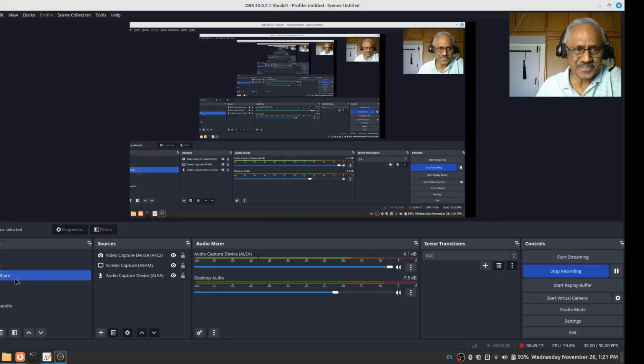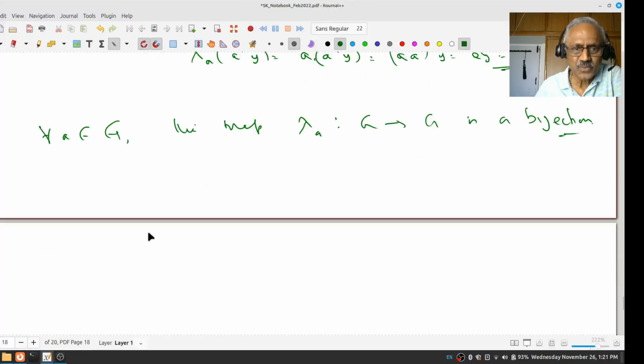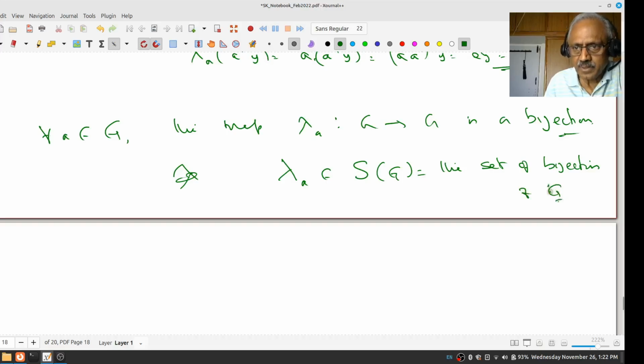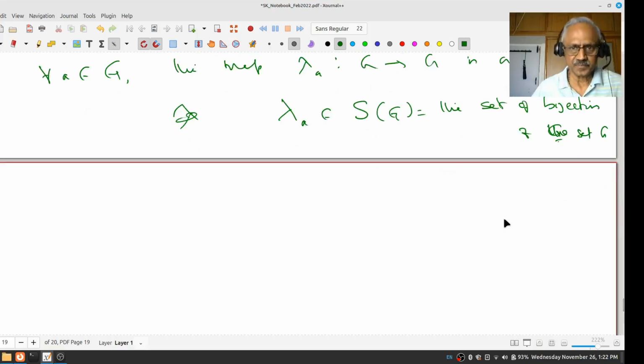Okay, let me write it so that you don't get confused. So therefore lambda A belongs to S sub G. What is this? This is the set of bijections of the set. Okay, I am not thinking of group structure here.